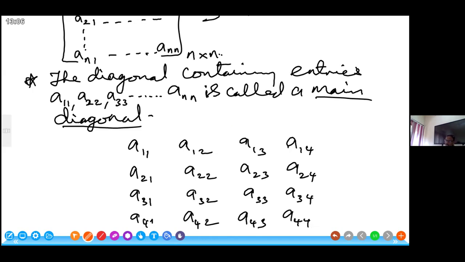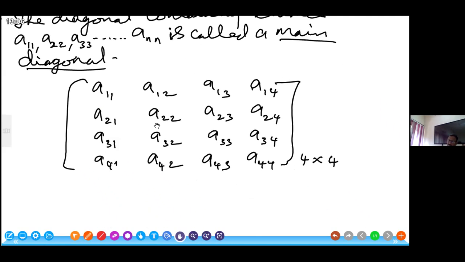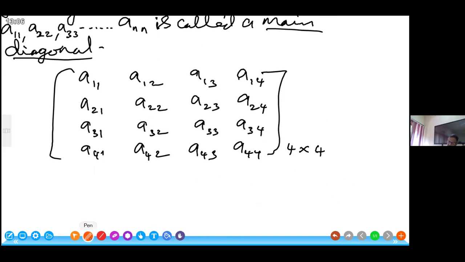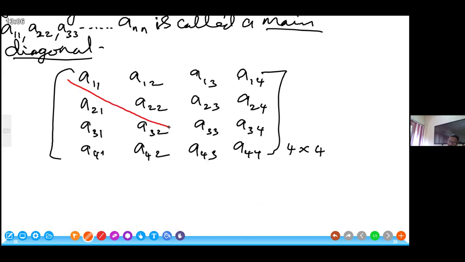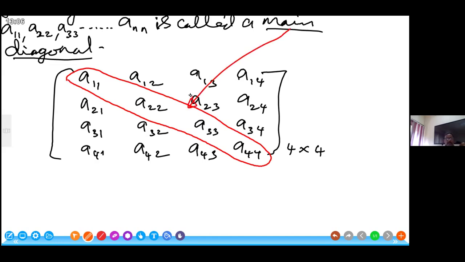So let's say we have a square matrix. This is 4 into 4. This is a 4 into 4 square matrix. So we call A11, A22, A33, A44 the main diagonal.